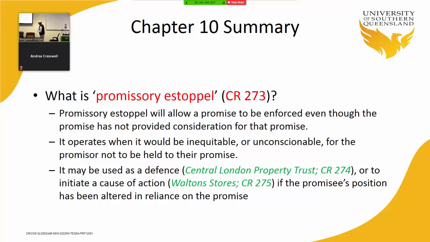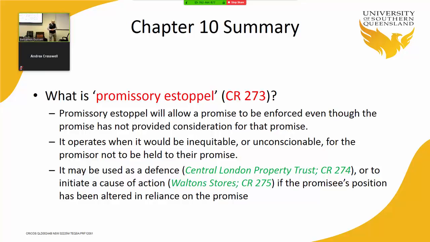So promissory estoppel will allow a promise to be enforced, even though there has not been a consideration, so you don't really have a simple contract. It operates when it would be inadequate, so it's something from equity, or unconscionable, so it's about fairness for the promisor not to be held to their promise, and it may be used as a defense, so this is what we call a shield, or as a sword, as we will see in Walton's Stores.